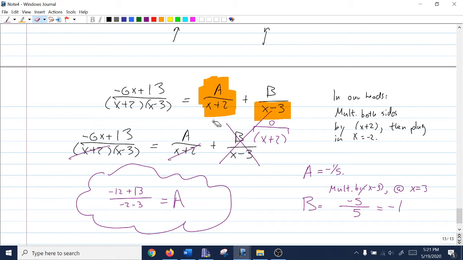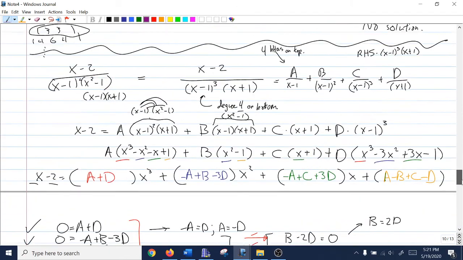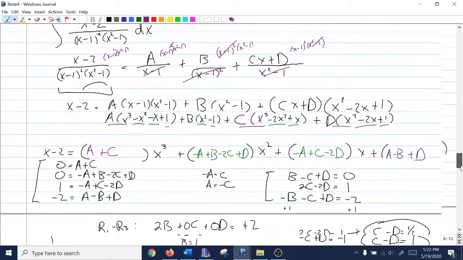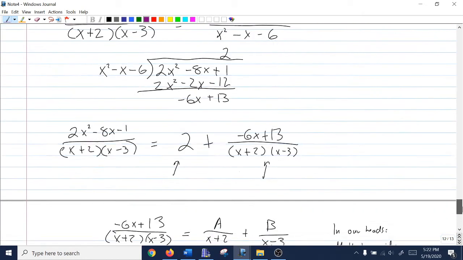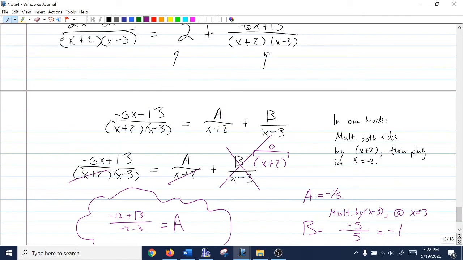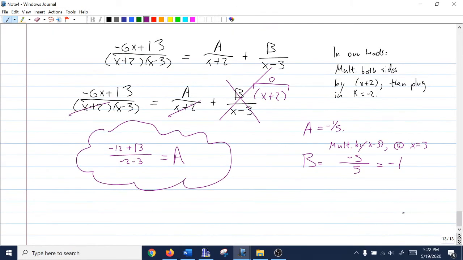That's the cover-up trick. Downsides: you know how when we made that mistake, we found the system was inconsistent, and we said, aha, we must have made a mistake. We're not going to discover that if we use the cover-up method. We're not figuring out that this A and B will make it always true.